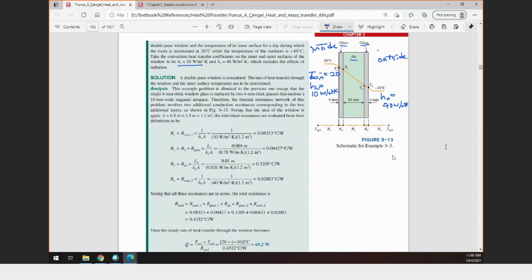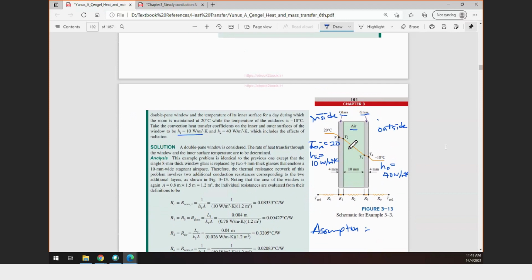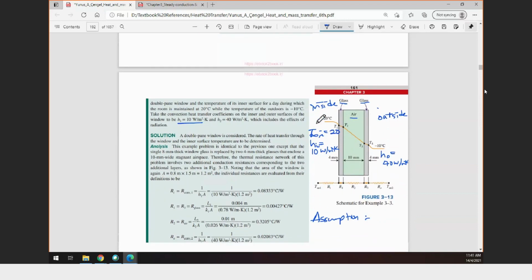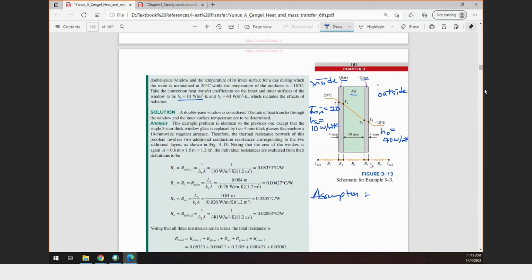After this diagram, you should put some assumptions to assist your calculation. So what is the assumption relevant to this problem? Actually, you can take it from the problem statement here. Of course, this is a one-dimensional analysis of heat transfer.